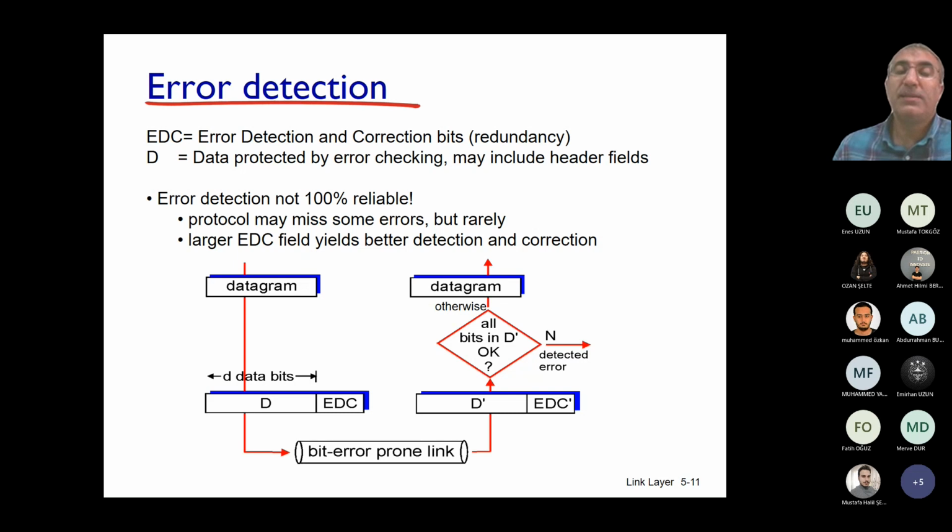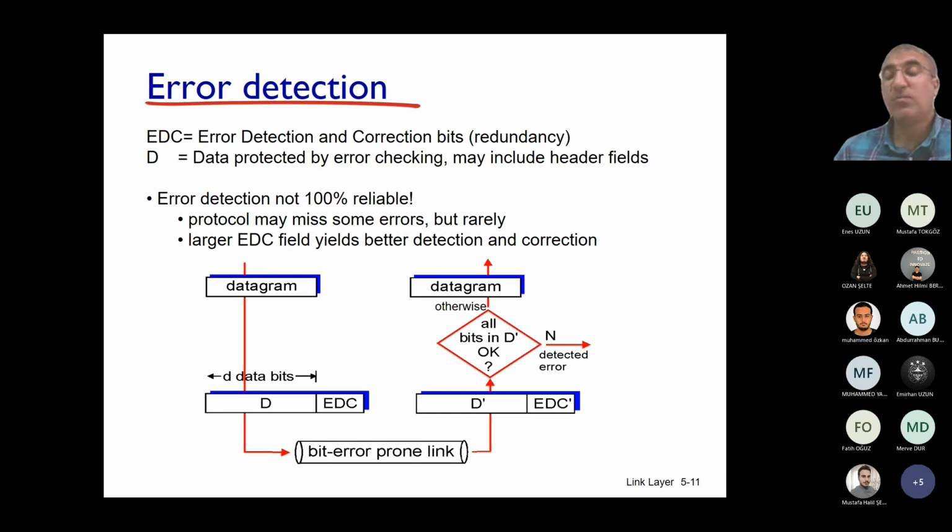How does this mechanism work? At the sender side, we receive the datagram. We have the data D bits, and based on an algorithm, we calculate the EDC bits and add them to the EDC field. And then along with the data bits, we transmit over the link. And this link, this channel, can be bit error prone, right?